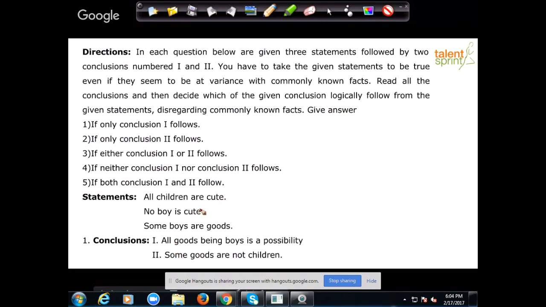Now, one of the major things that we all forget while doing syllogisms is that we often think the statement is saying something against common sense, against what you and I know. However, we must remember that we must consider only and only what is written in the syllogism to be true, and not under any circumstances use some external knowledge that we have and let that impact our answers.